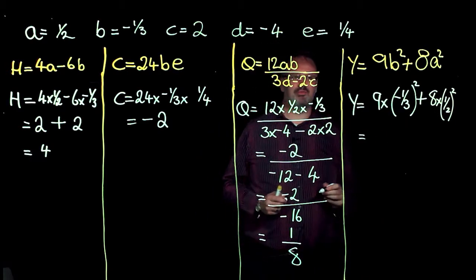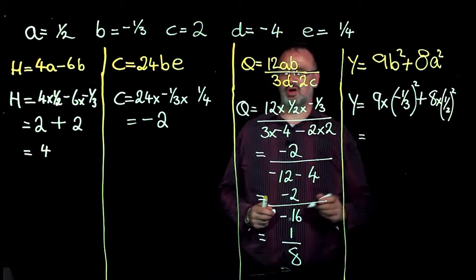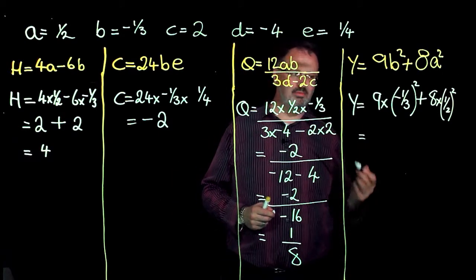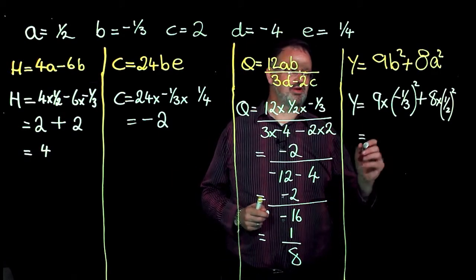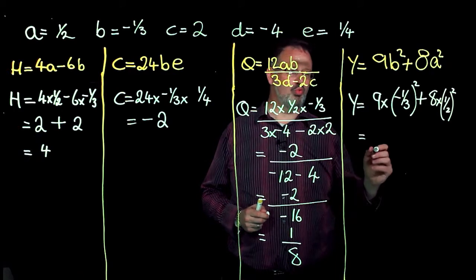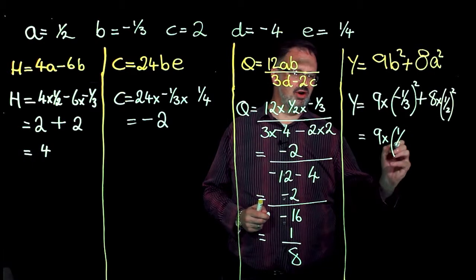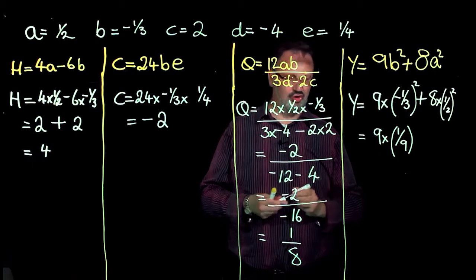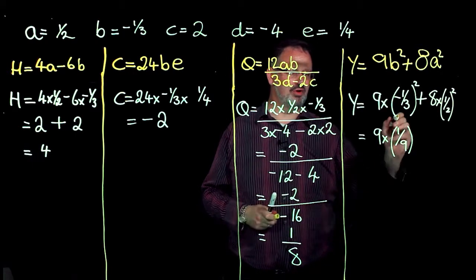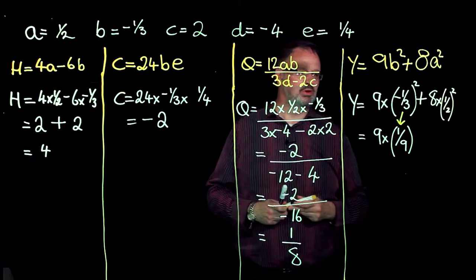Now, 9 times negative 1/3 squared, minus 1/3 times minus 1/3 is going to be positive 1/9. So it's going to be 9 times 1/9 is the solution of negative 1/3 squared.